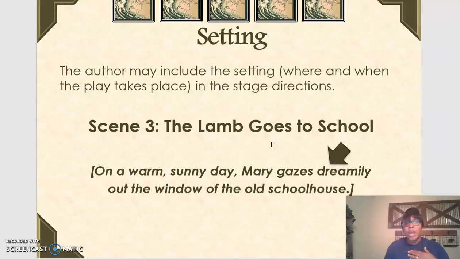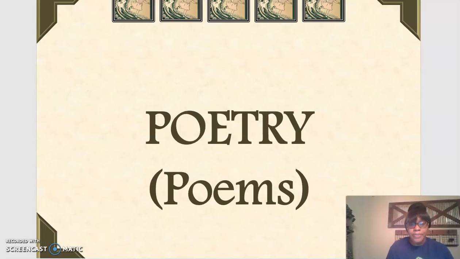That lets me know where and when the story takes place. So with our drama, we talked about dialogue, stage directions, settings, characters. Now we're going to move on to our poetry.